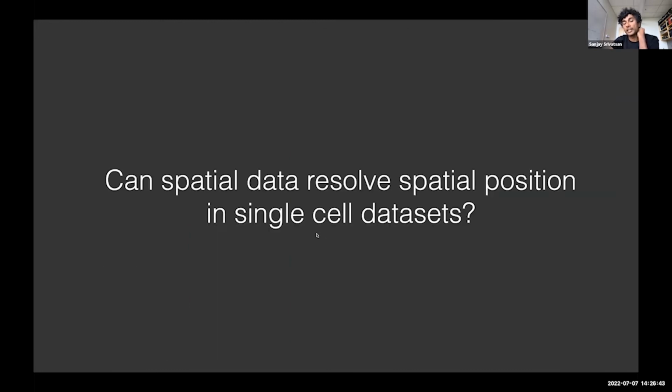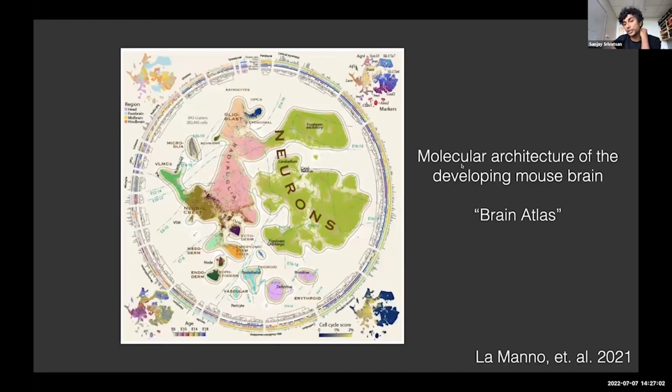One of the visions I laid out earlier was, can this spatial data start to resolve spatial position in single cell data sets? If we're going to integrate these things, we're going to have to transfer labels from one data set to another. To do this, we took a paper published by La Manno et al. in 2021, which describes the molecular architecture of the developing mouse brain.